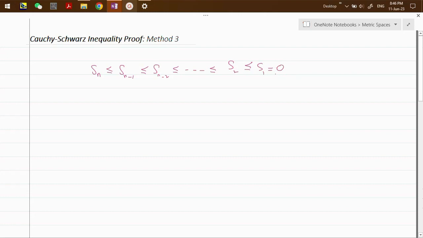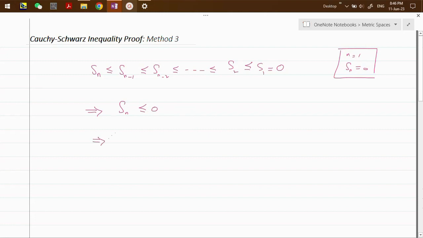For n equal to 1, Sn is equal to 0, as we saw. That's very simple. So this implies that Sn is less than or equal to 0.